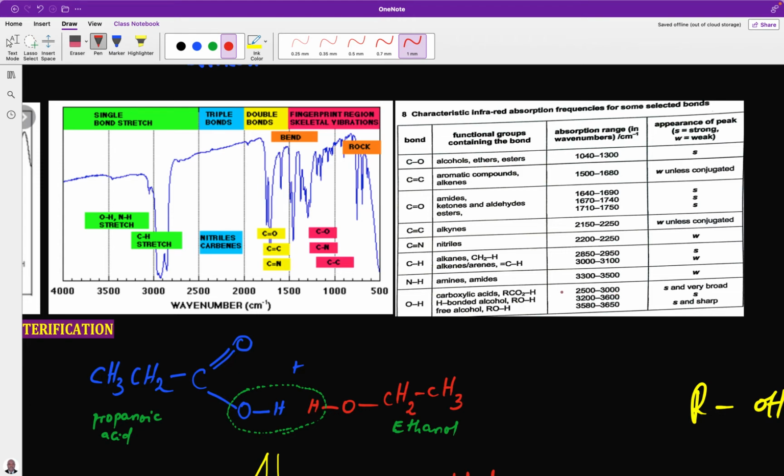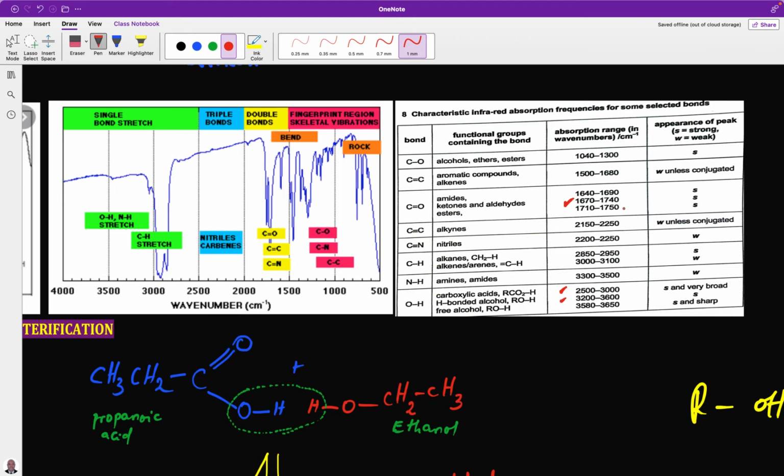Then the OH bond in the alcohol is from 3,200 to 3,600. Then go to the carbonyl group, which is present only in the acid. For the carbonyl group, ketones and aldehydes, it will definitely be from 1670 to 1740.